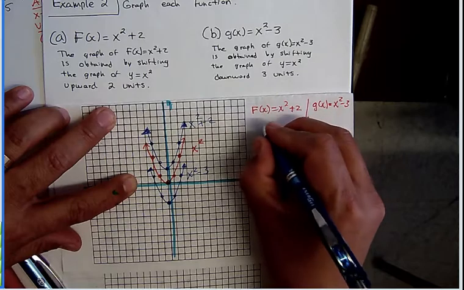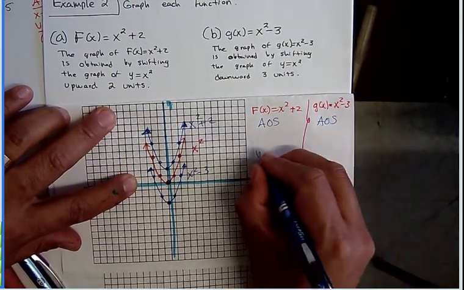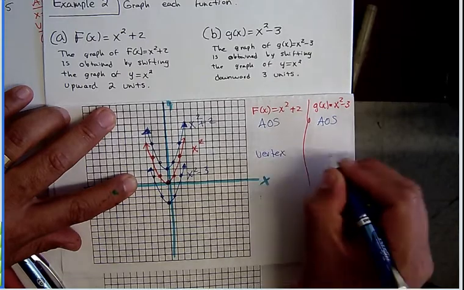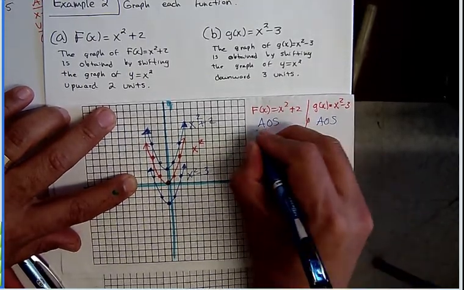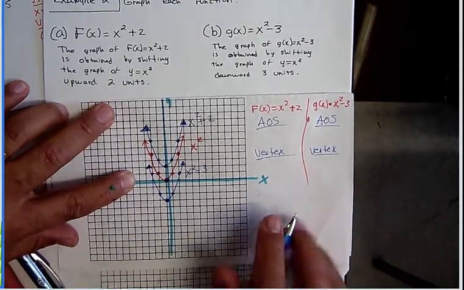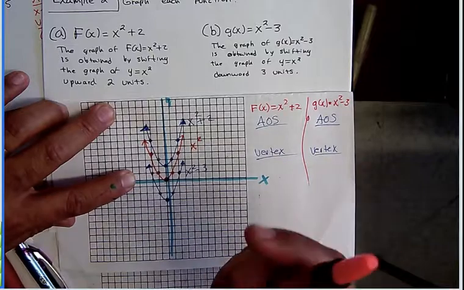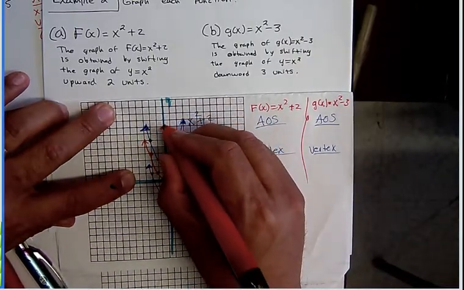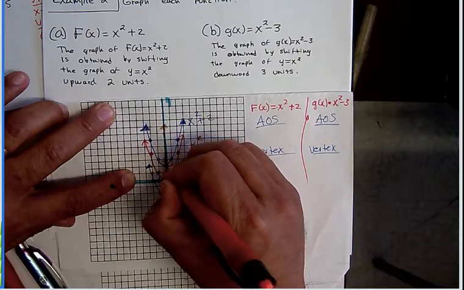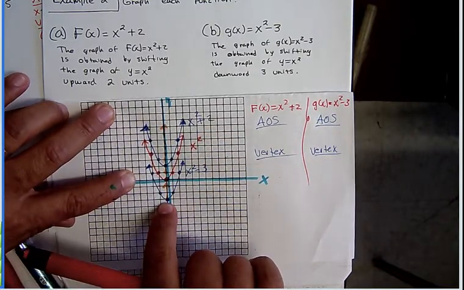Now, what's the axis of symmetry for this one? And what's the vertex? Because they're going to ask you for these two things for every question. The axis of symmetry, like we said, is the imaginary line that cuts this graph in half, and they all have the same axis of symmetry. How do you denote that?